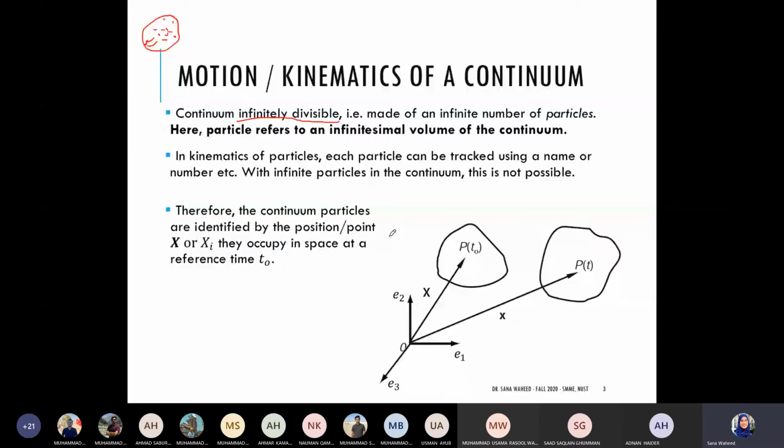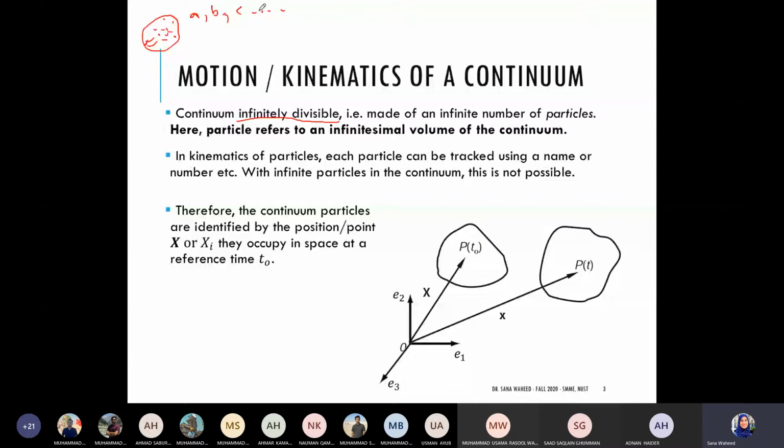Instead of considering that it is made of infinite particles and naming each of them, say A particle, B particle, C particle, and so on, I would get stuck because I need infinite letters. This is impossible for me to do.